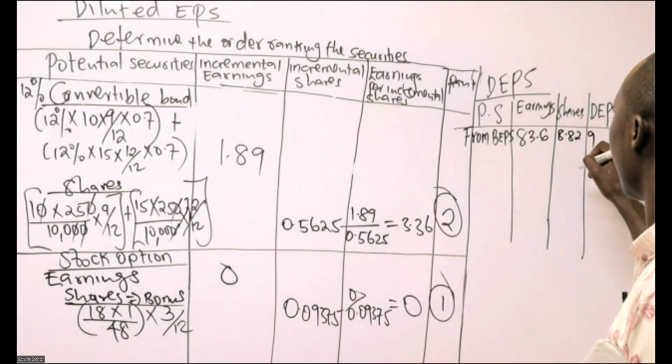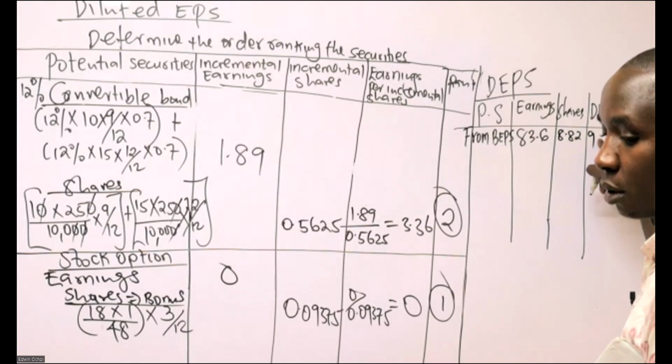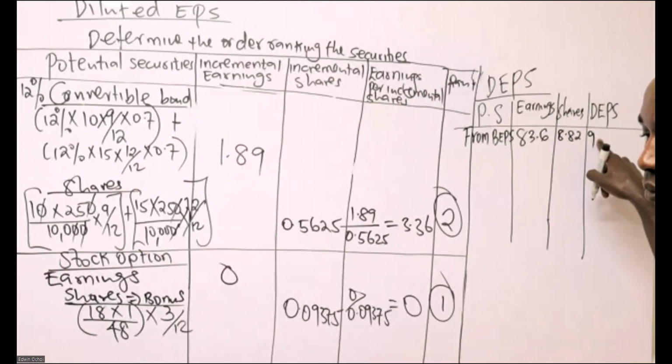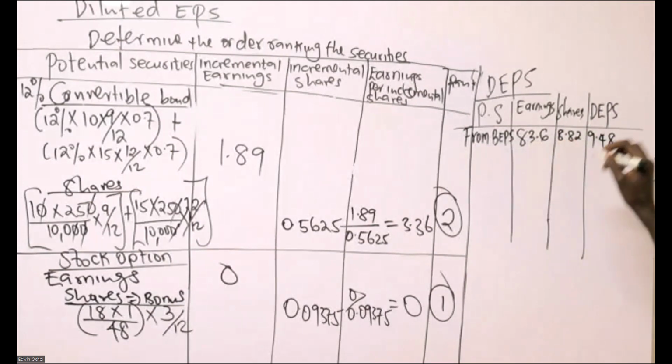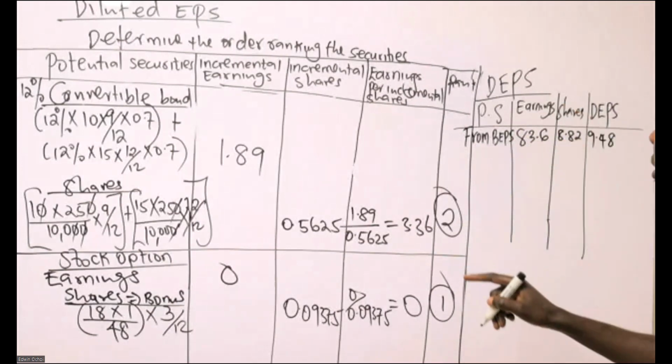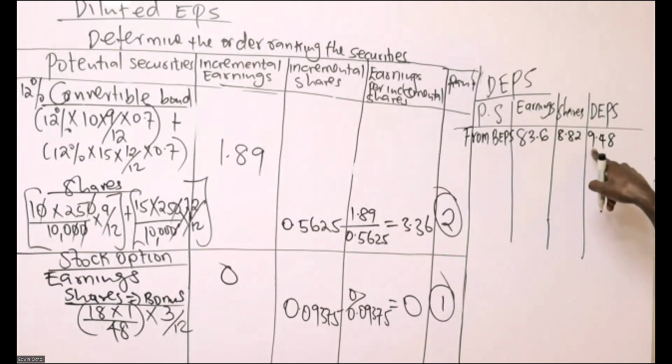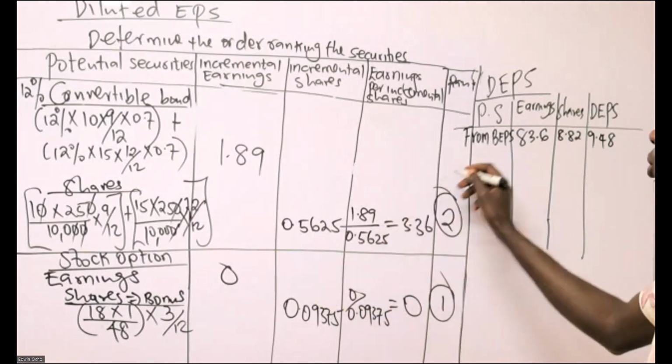Then this basic EPS was 9.48. The security which has the least effect in diluting this is stock options.